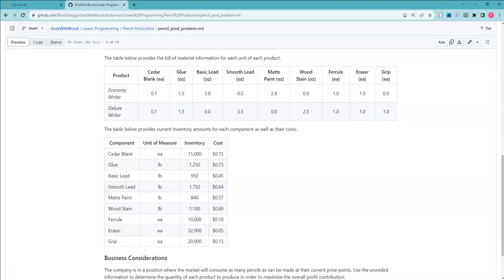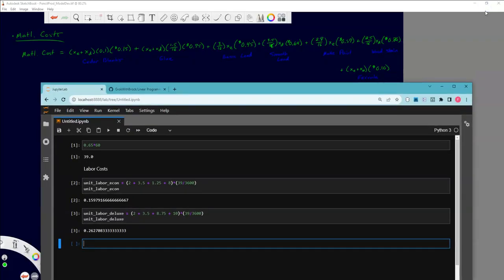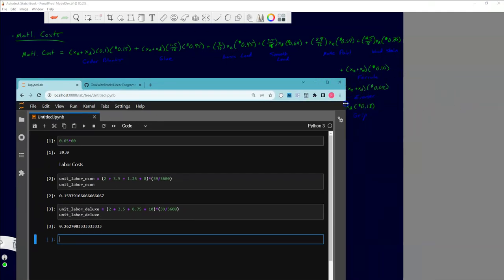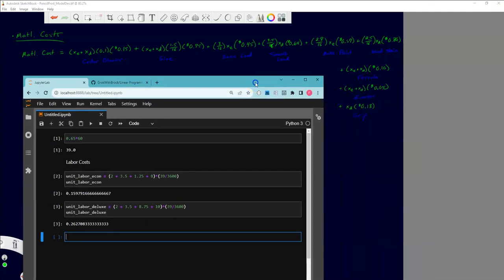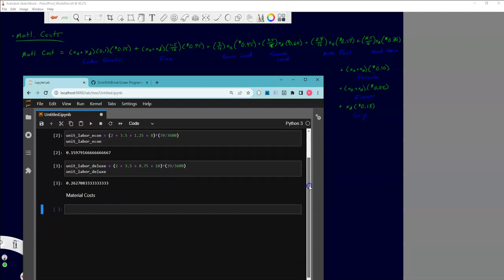And again, I'll go over to the keyboard and with my Jupyter notebook here, perform some computations. So this is going to be my material cost. Let's call it unit material econ.